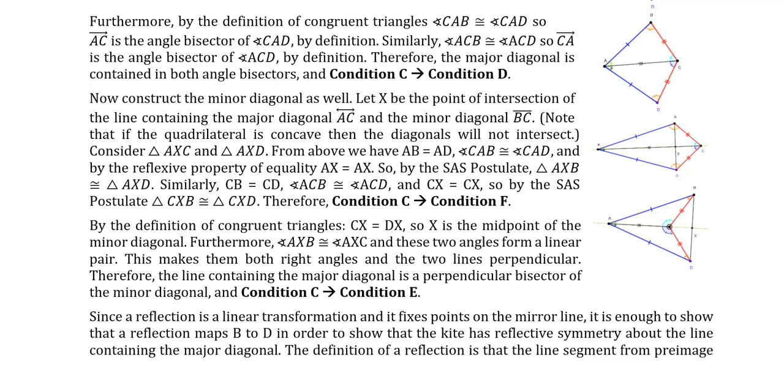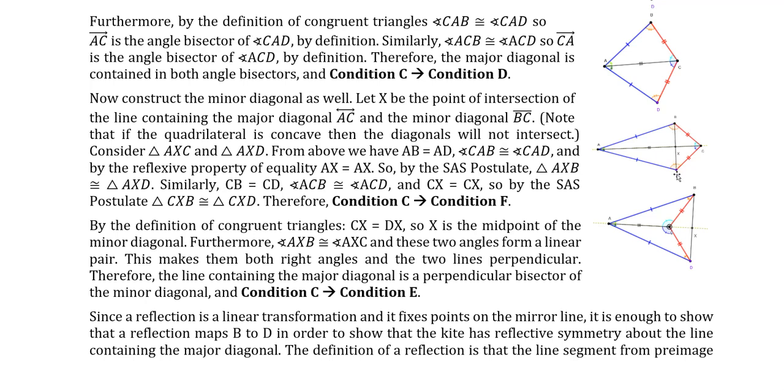So what have we done? We've shown that condition C implies D, condition C implies condition F, and condition C implies condition E. So what is a reflection? Well, a reflection is a linear transformation that maps points. It fixes the points on the mirror line. So if we want to show that this triangle on the top is a reflection of the one on the bottom, it's going to fix A and C. So all we really have to do is show that B gets mapped to D. What does it mean to be a reflection?